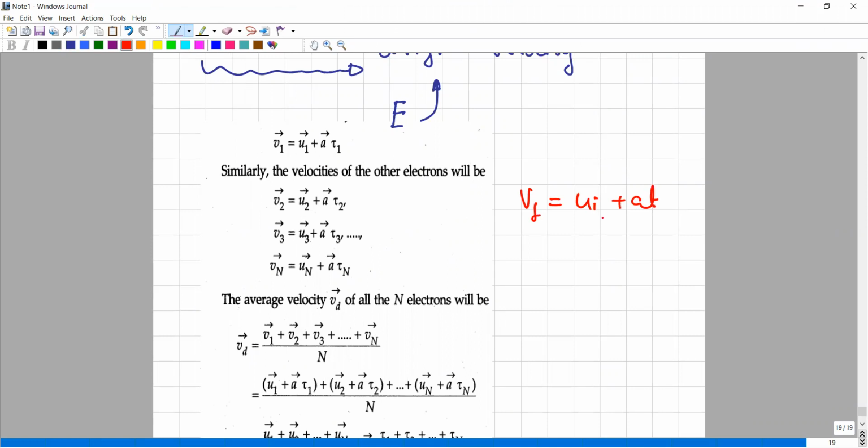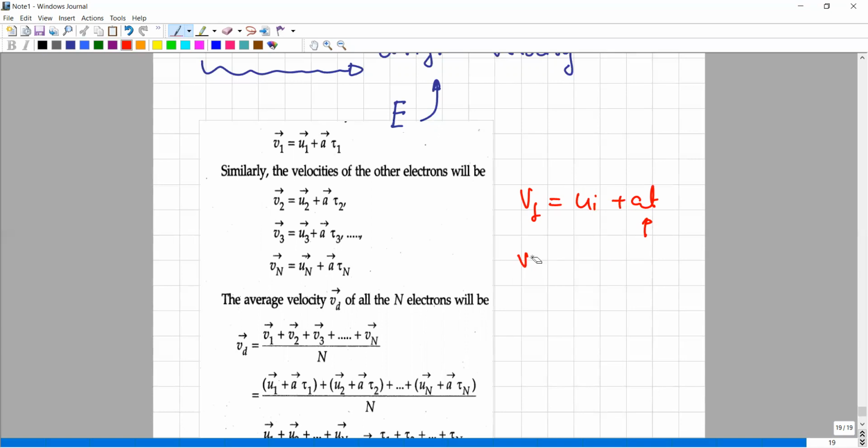Simple. Now the initial velocity of all the electrons was the thermal velocity. Remember the thermal velocity, because that was there due to the temperature.